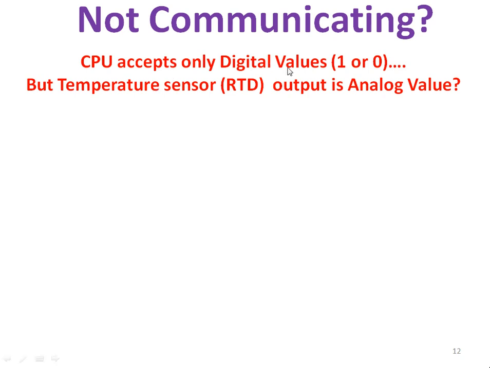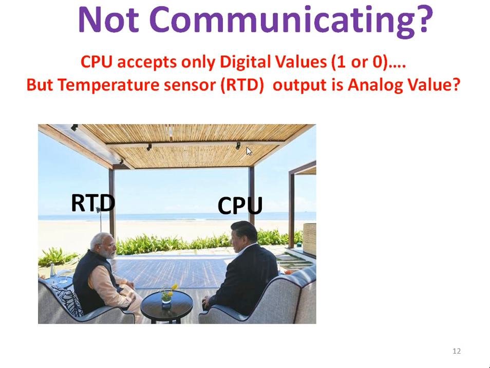The CPU accepts only digital values, ones or zeros, but the temperature sensor output is an analog value. Assume our Prime Minister is the RTD and the China President is the CPU. He knows only Chinese, but the other doesn't know Chinese. Then how will they communicate? We will see it in our next lecture.